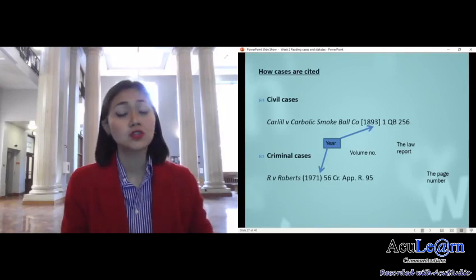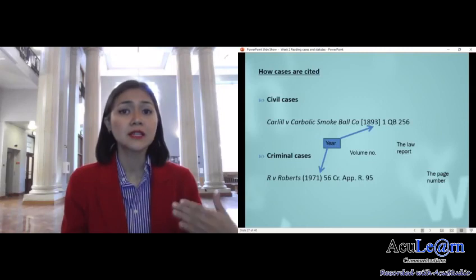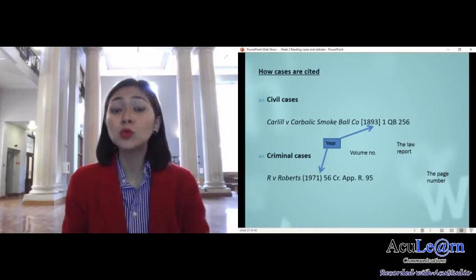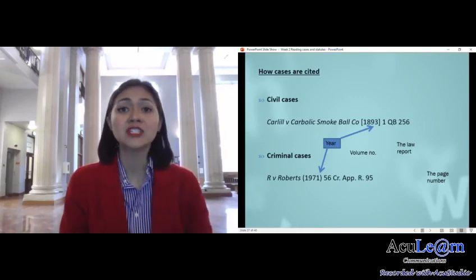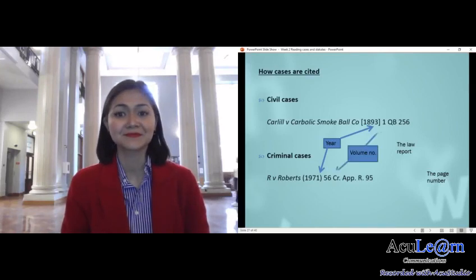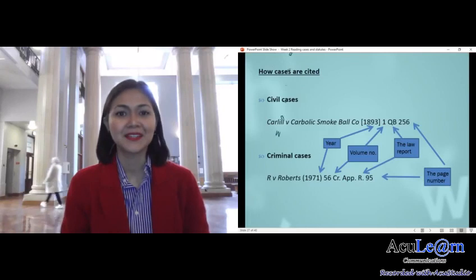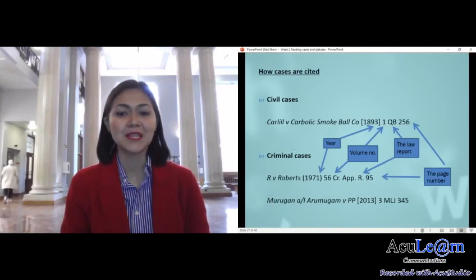So it's not R versus Roberts. It's particularly important when you do mooting. You need to make sure that your pronunciation is correct. Same goes for Malaysian cases as well.